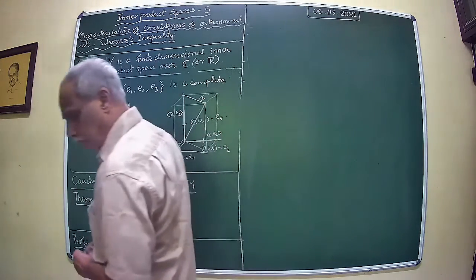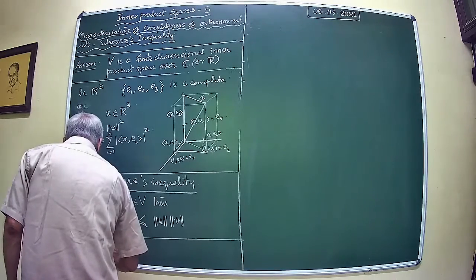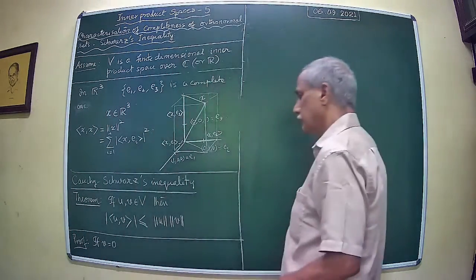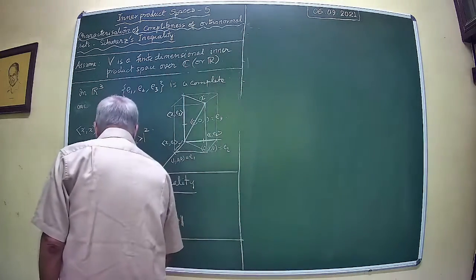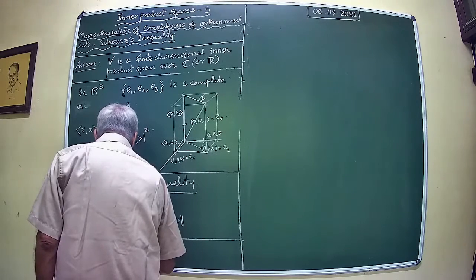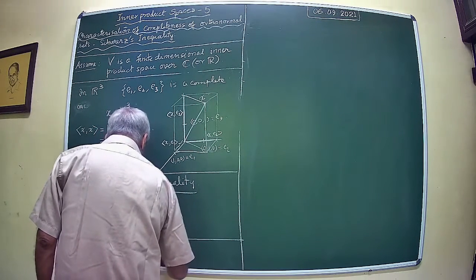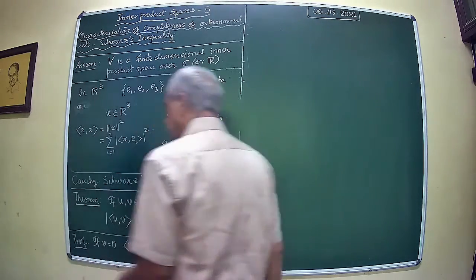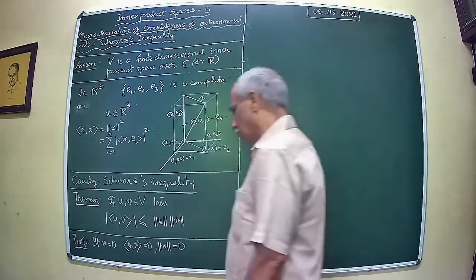If V is equal to 0, then what happens? Then you see that either side, the inner product of U and V, is equal to 0. Therefore, this inequality is trivially true with either side becoming 0.